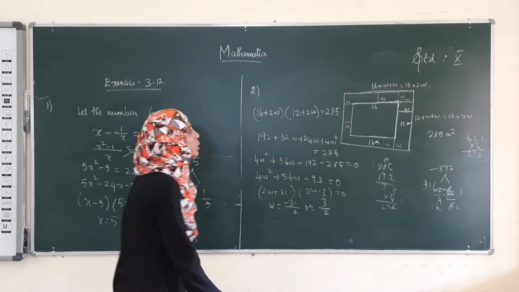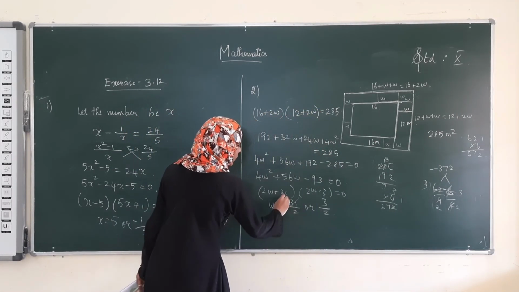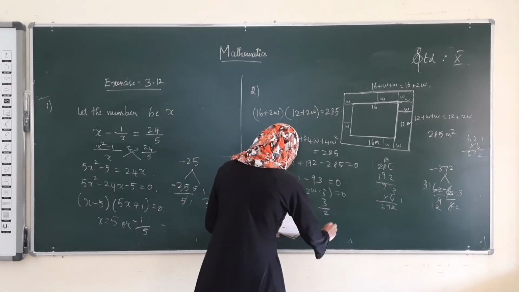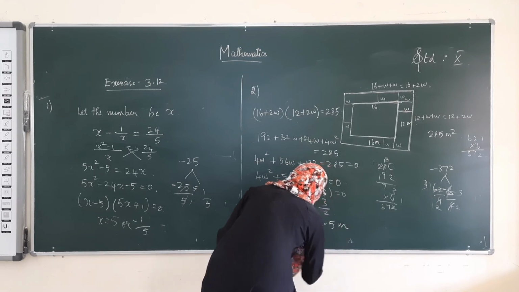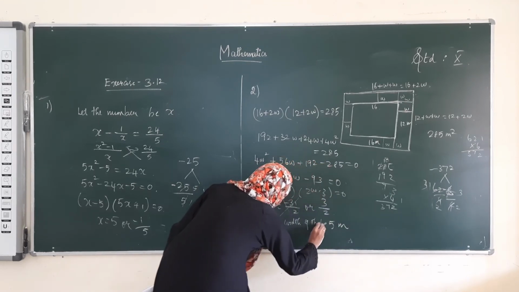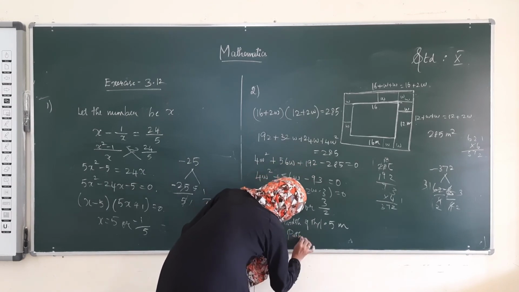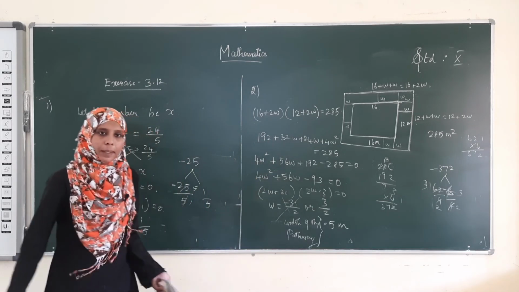What is W? W is the width. See, width cannot be negative. Therefore, on neglecting this, the width is 3 by 2, which is 1.5 meter. The width of the pathway is 1.5 meter.